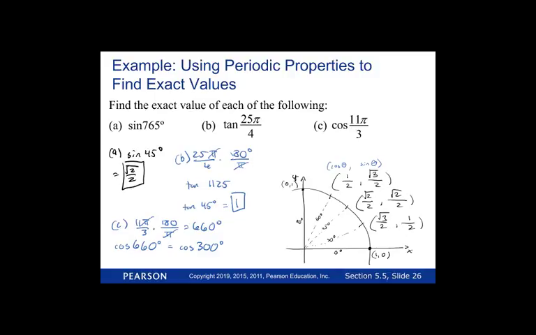So this is actually the same as cosine of 60 degrees, in quadrant 4. From the unit circle, what's the cosine of 60? One half, right? If we're in quadrant 4, is our x positive or negative? So then our result should be positive.